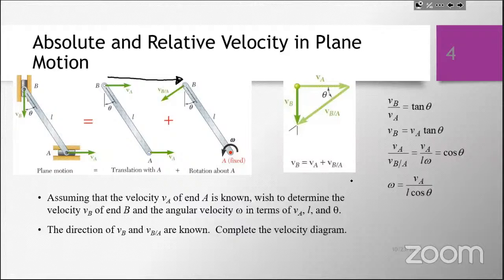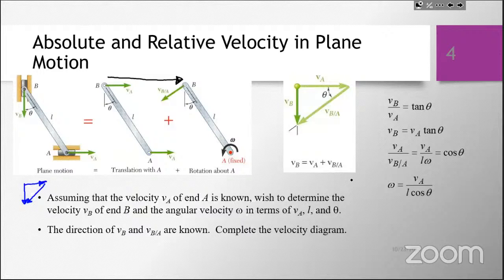So what is this? Well, this is just based off of this velocity triangle. How do we get this? Well, when you look here, I know that the velocity of B is going this way, and the velocity of A is going this way. So the relative velocity is the difference between those two velocity vectors.